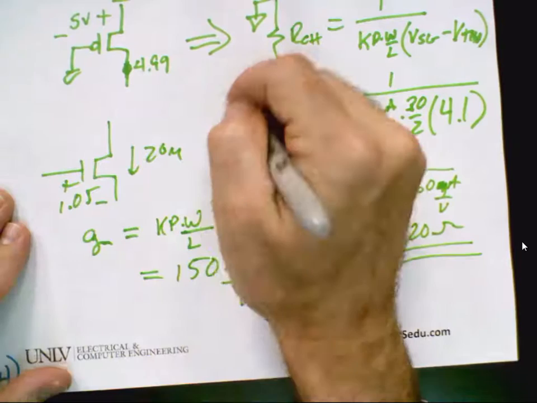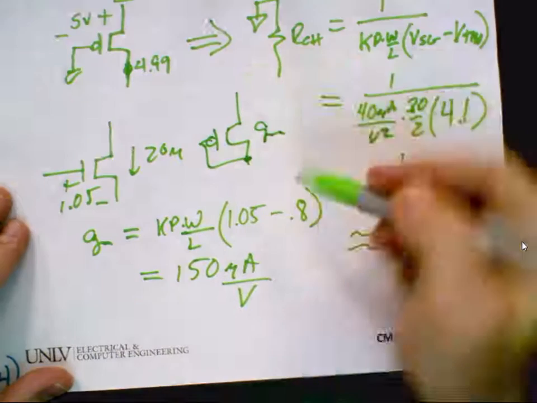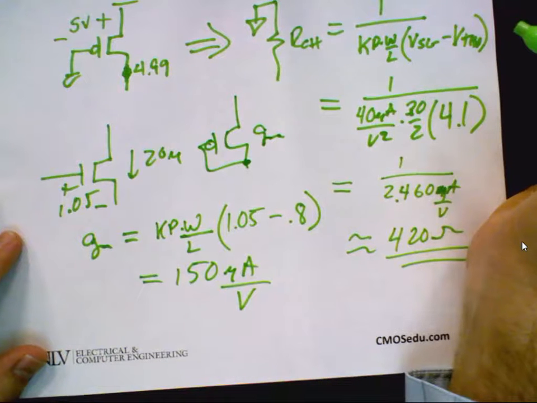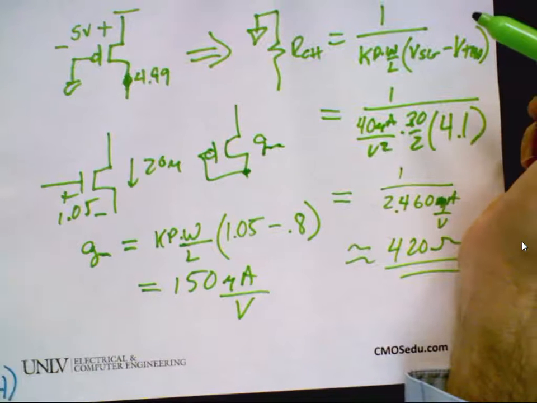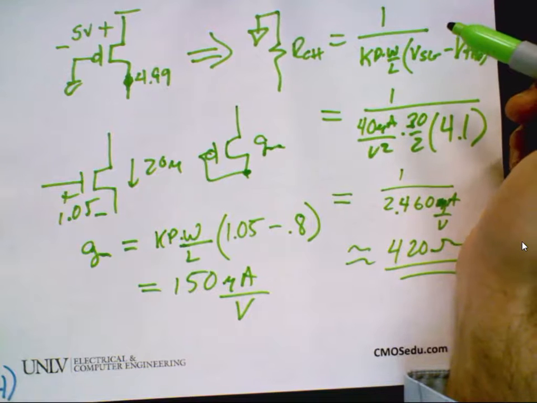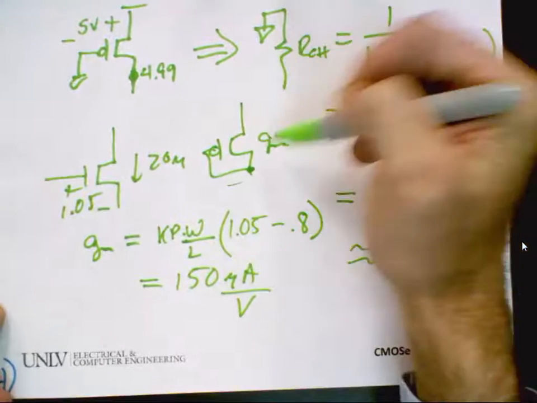What about for this PMOS? What's the GM of it? We got a current flowing through it. Is it in saturation or triode? What did I say to burn into your brains? There's a current flowing through a device, and its drain and gate are at the same potential like it is here. They're tied together.